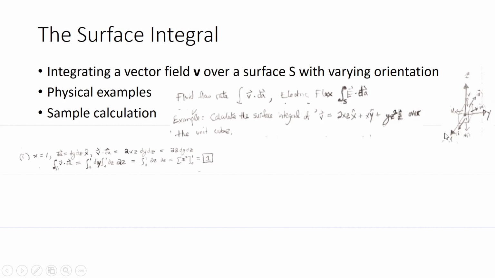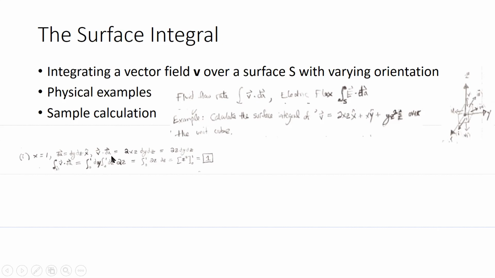And the area will be dy times dz, since those are the two directions perpendicular to it. Okay? So then v dot dA will be 2xz dy dz. Why is that?